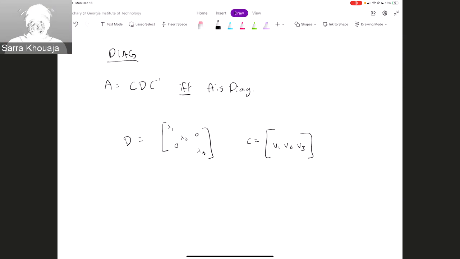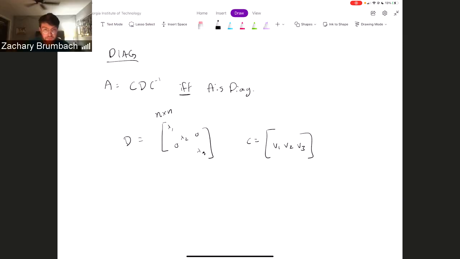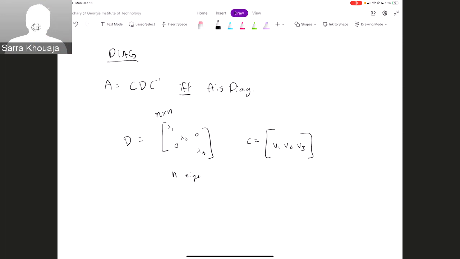Let's call this an n by n. So how many eigenvalues do you have? N. Note that this is not n distinct eigenvalues. They do not have to be distinct. You can have one eigenvalue with multiplicity n.